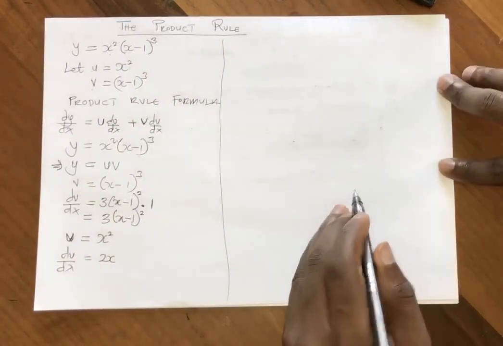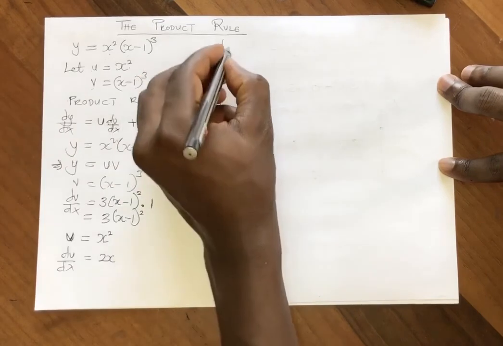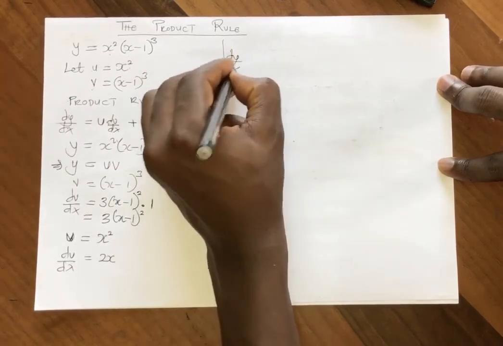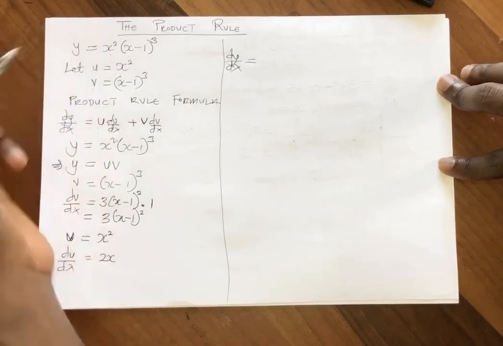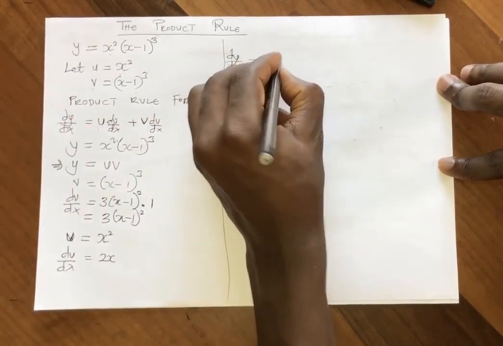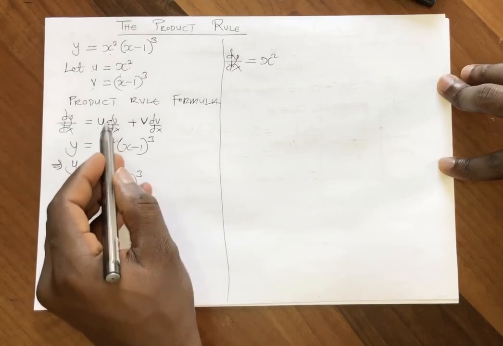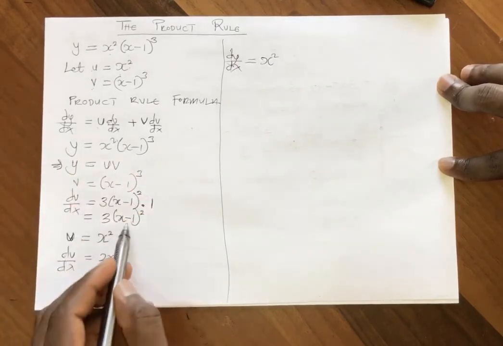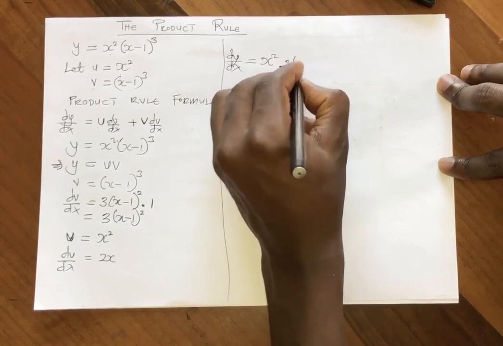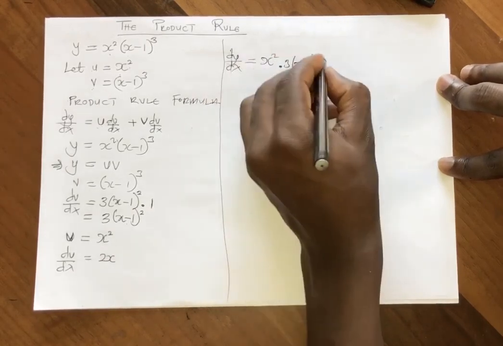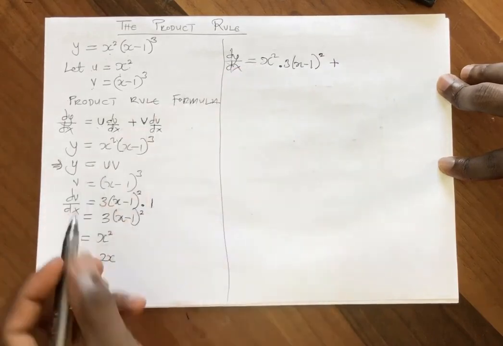Now, the formula says dy/dx equals u dv/dx plus v du/dx. So where is u? This is u, so that is x squared times dv/dx. dv/dx, we got this, so that is times 3 into brackets x minus 1 squared. Plus what? v.